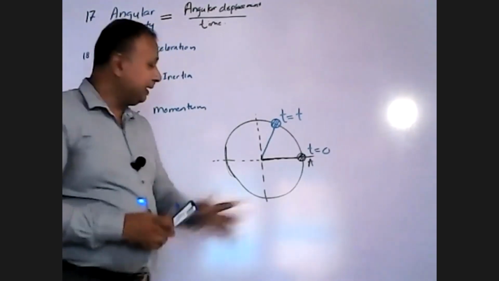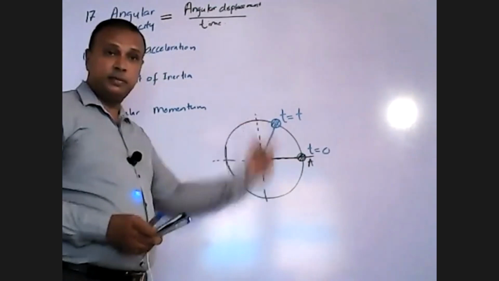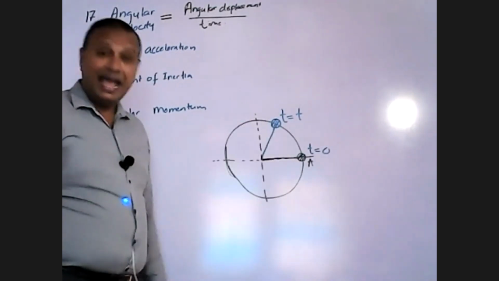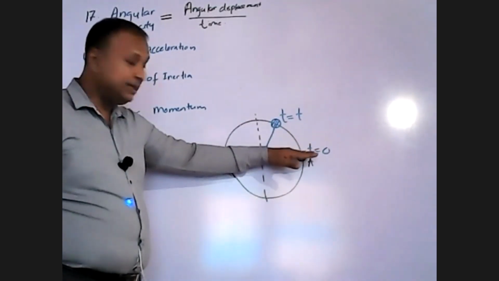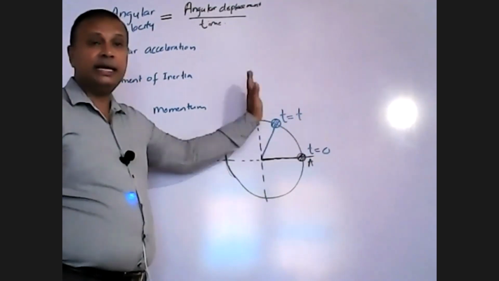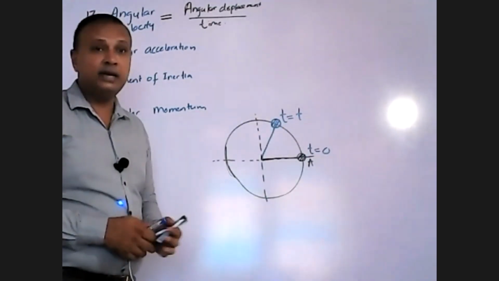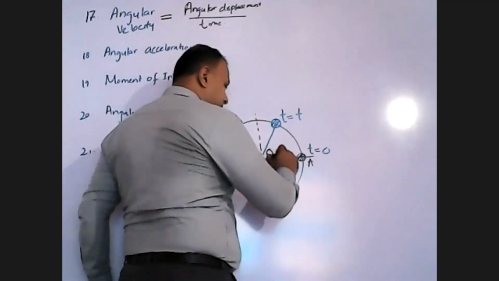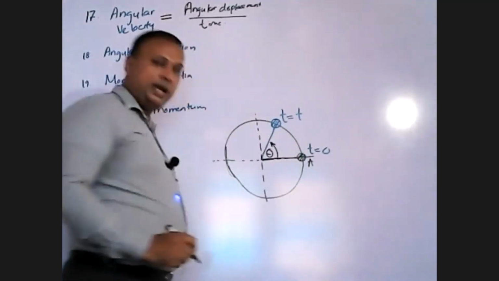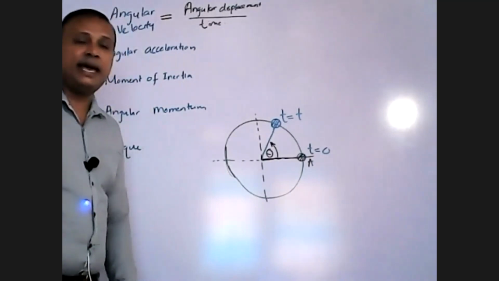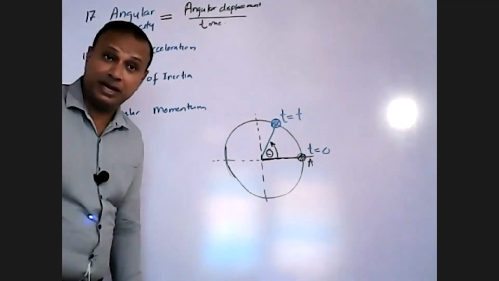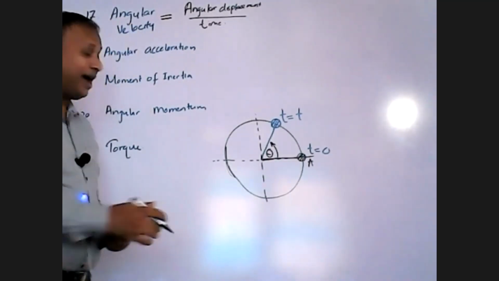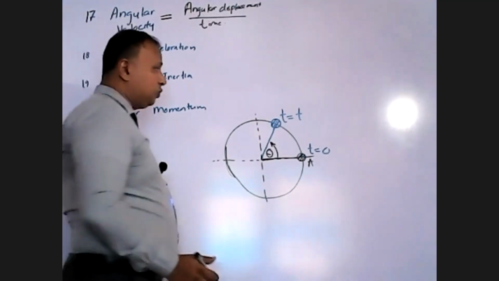Okay, it has rotated up to this level. So the angular displacement is the angle it has rotated. That means this angle. So angular displacement is an angle. So you have to note down this one.